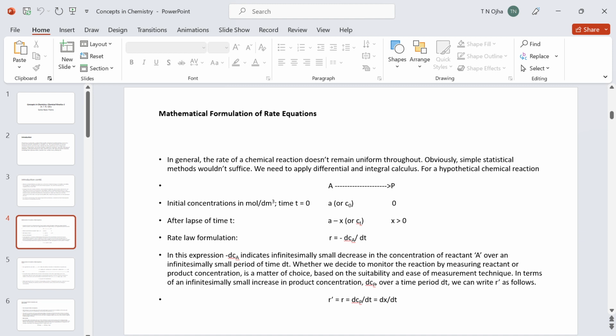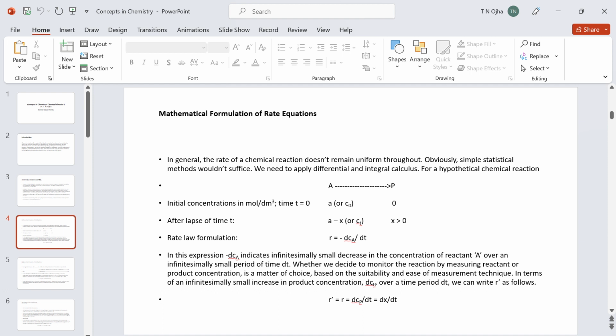For a hypothetical chemical reaction in which reactant A gives product B, the initial concentrations in mole per liter at time t equal to 0, the concentration of A can be indicated by a or C0, and for P it is 0 when t is 0. After a time lapse of t, the reactant concentration decreases to a minus x, Ct, t refers to time, and the product concentration x becomes greater than 0.